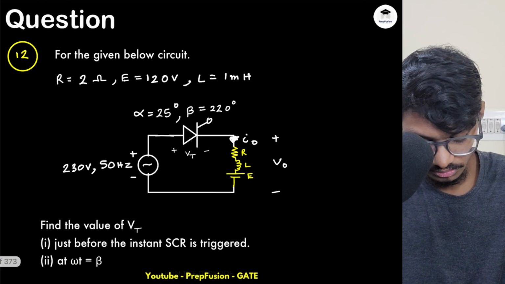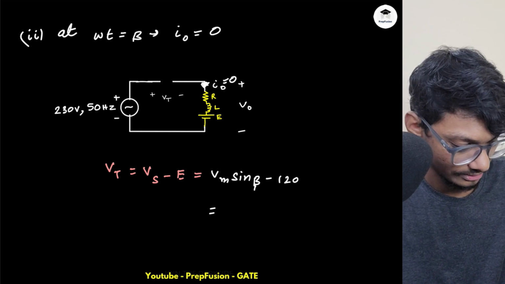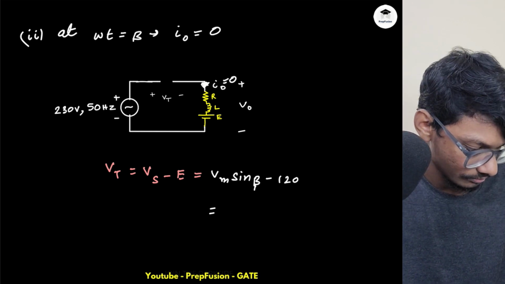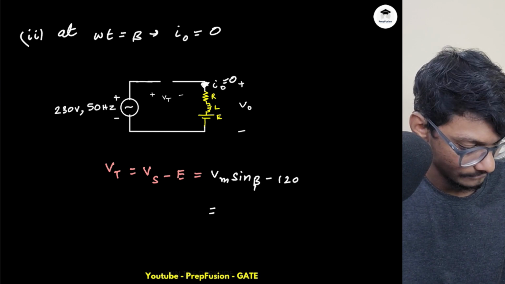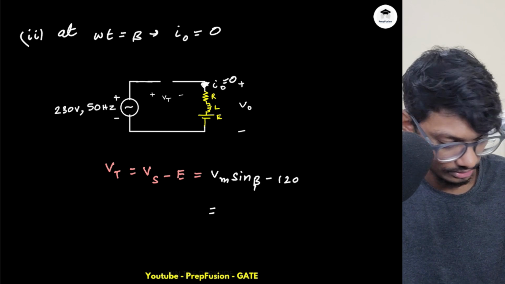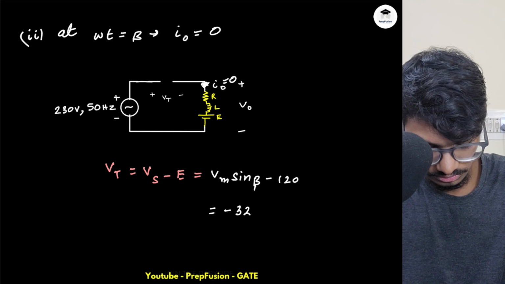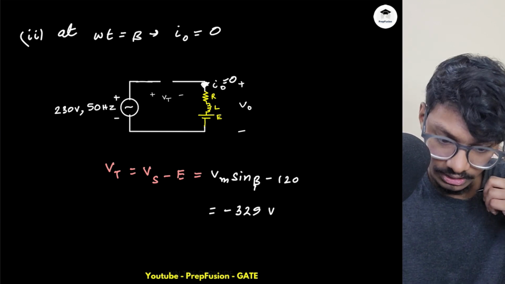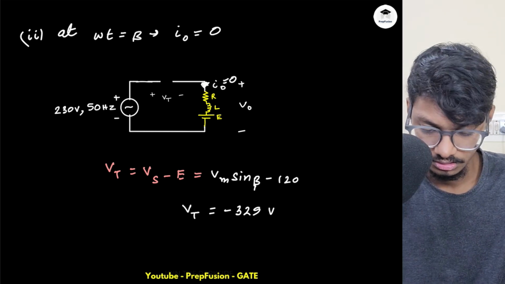Beta is 220 degrees. So 220 sine of 220 into Vm, which is 230 into root 2, minus 120. So this will be almost minus 329 volts.